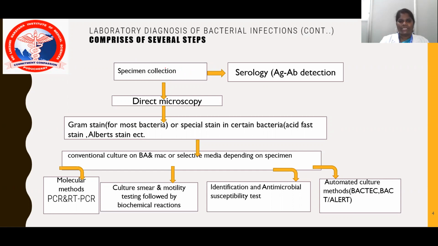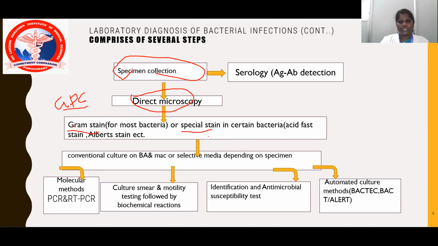Once it is collected, you can do direct microscopic examination, classically Gram staining. Once Gram staining is done, it is ruled out whether it is Gram positive or Gram negative, and based on that you can proceed further.